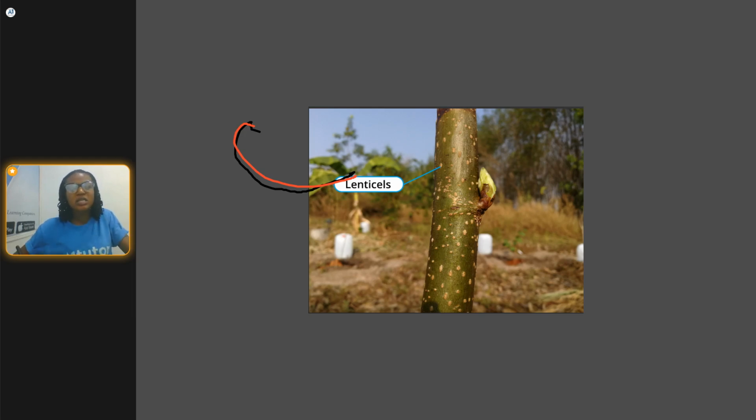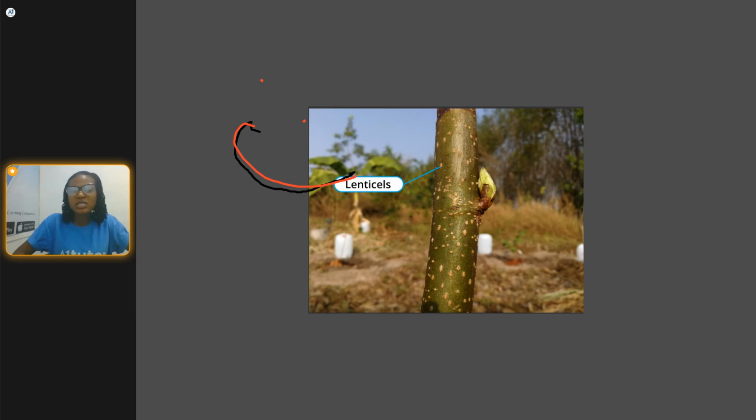Those are not the only excretory organs actually, but according to the syllabus, we'll be looking at the lenticel and the stomata. So these are the two excretory structures for plants that we are considering for this class.